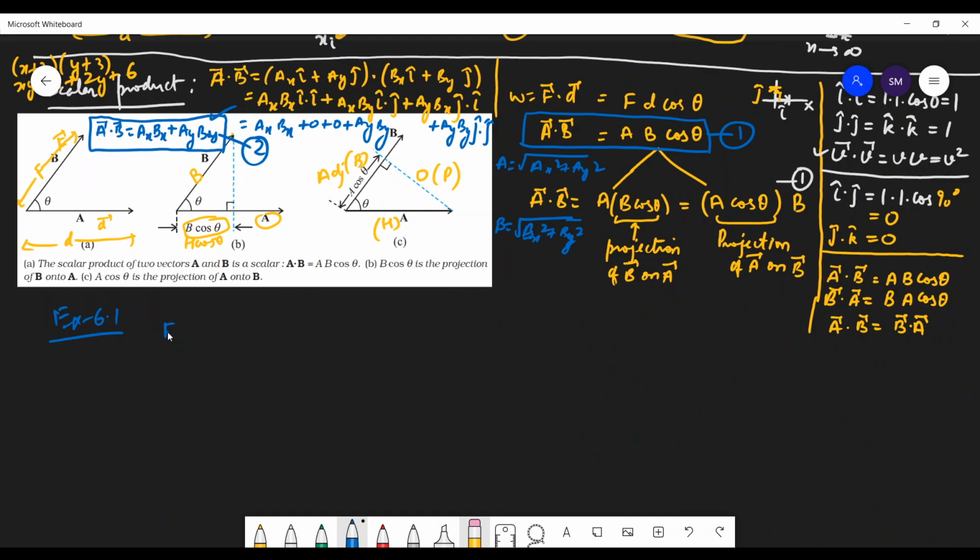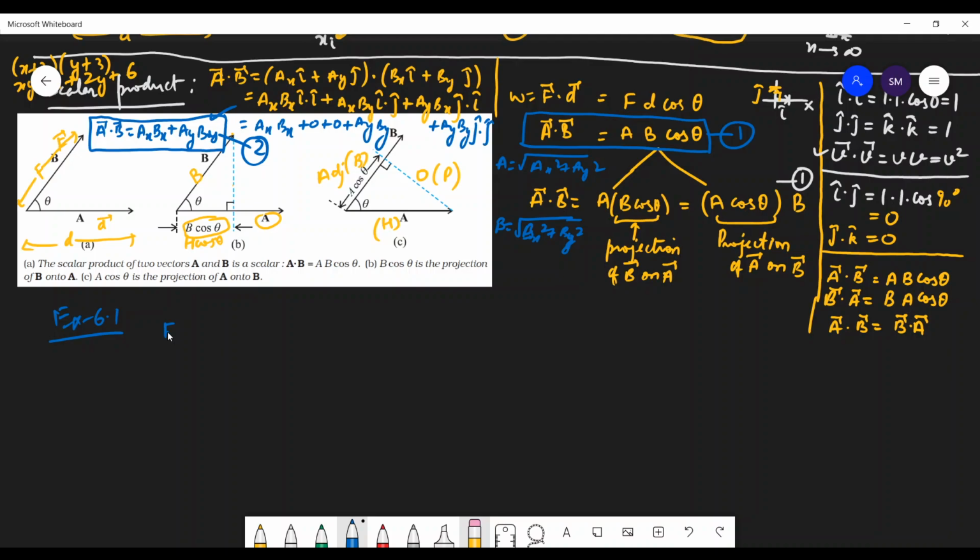So F is equal to 3i cap plus 4j cap minus 5k cap, and D is equal to, so this many units, the displacement vector is given to you as 5i cap plus 4j cap plus 3k cap units.